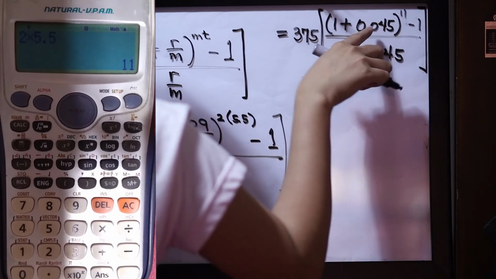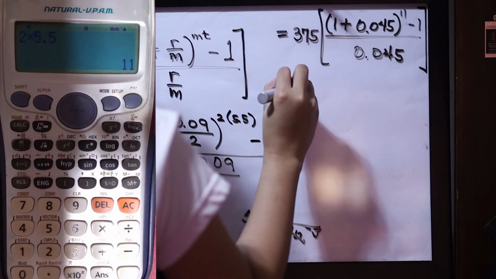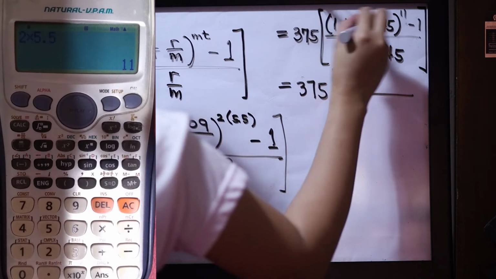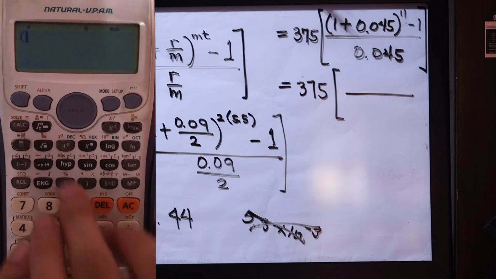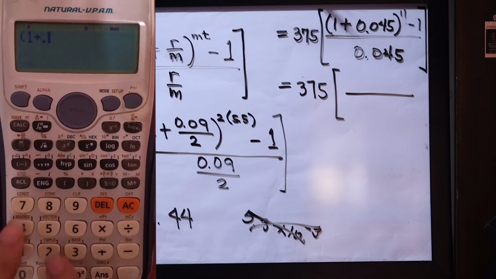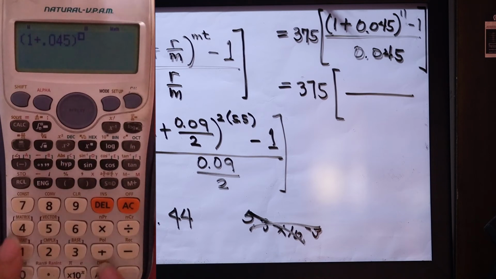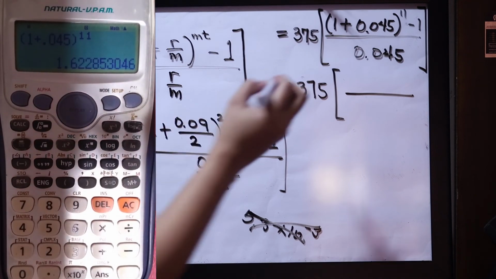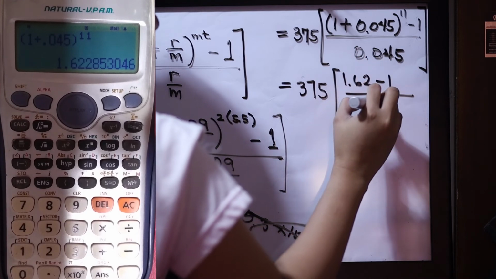Ngayon, kung ano yung gagamitin nyo dun sa numerator, yun na lang din yung gamitin nyo sa denominator para iwas confusion. And then, we solve for the term inside the parentheses. So, we have open, 1 plus 0.045, close, tapos raised to 11. Then, equals, we have 1.62. So, 1.62 minus 1 all over 0.045.